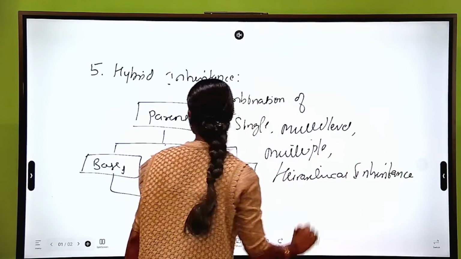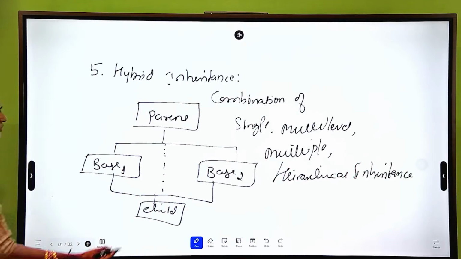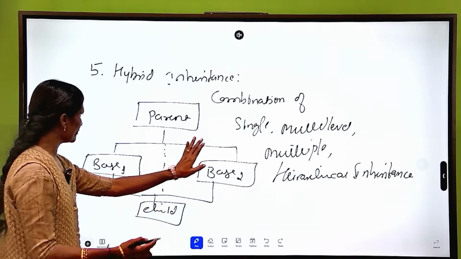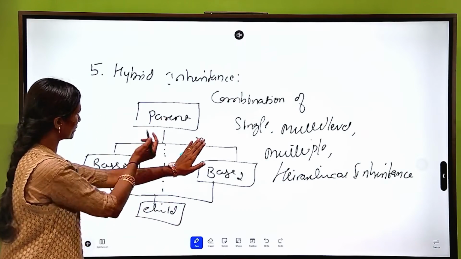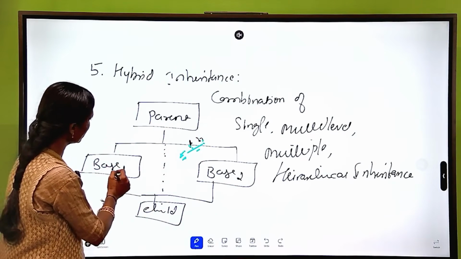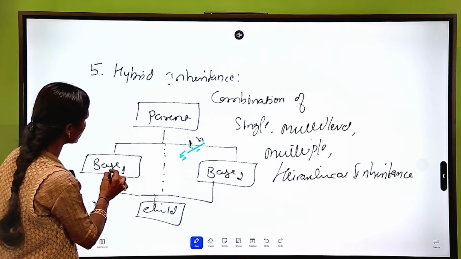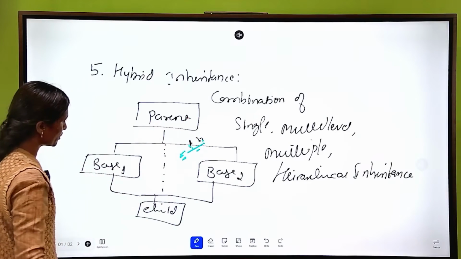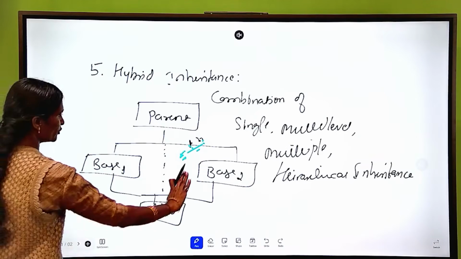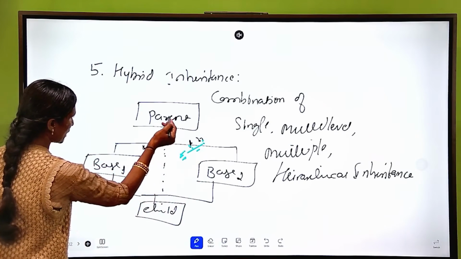Let us see that. Now the parent is here. If I hide this, the base 2 and child will act as a single inheritance. Base 1 is created by acquiring the properties from parent 1. So this is a single inheritance. Now if I leave only base 2, then it is multi-level.